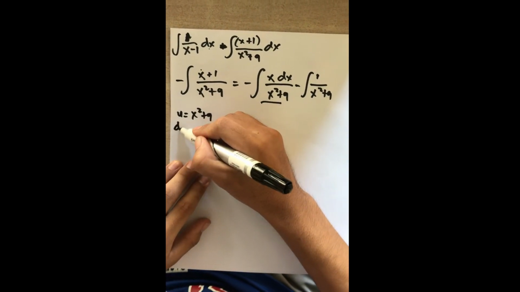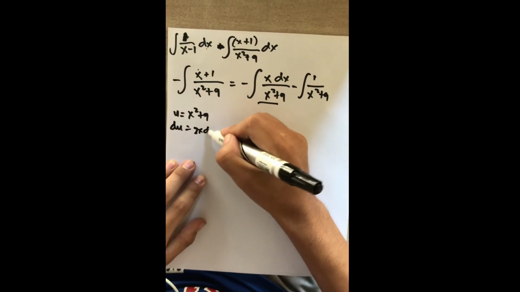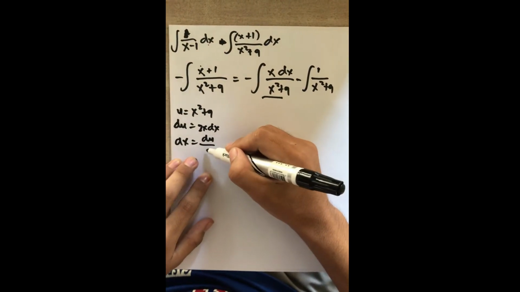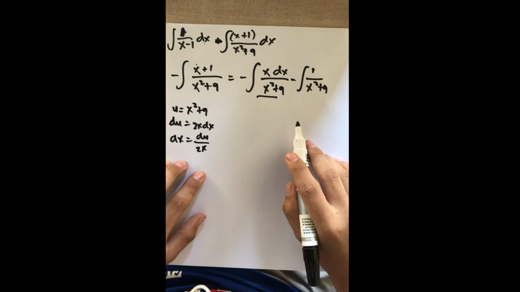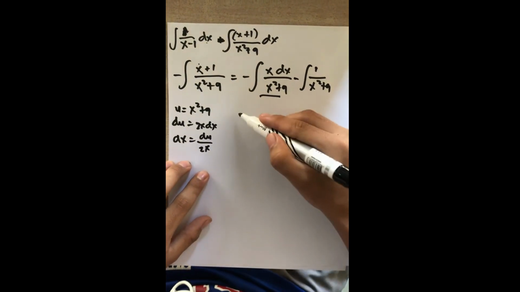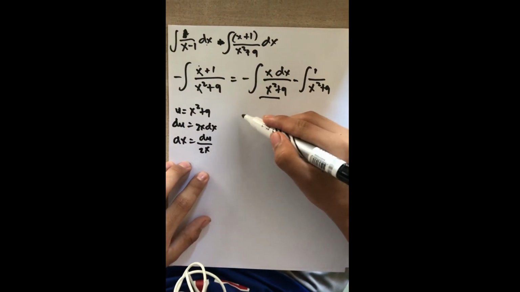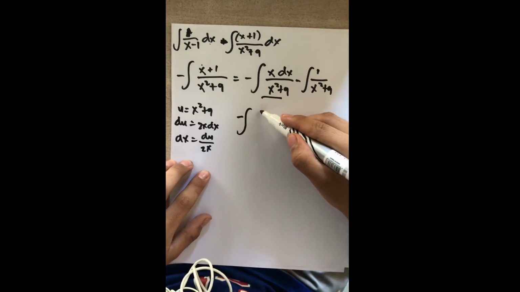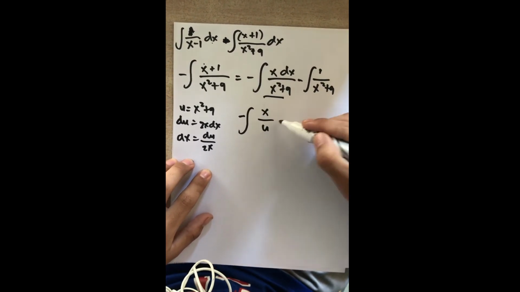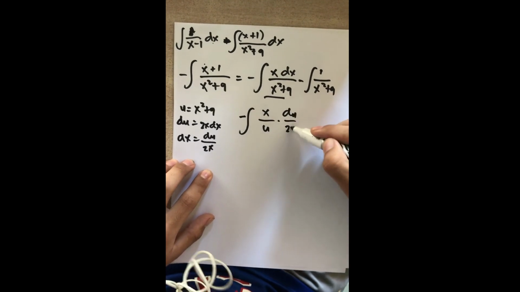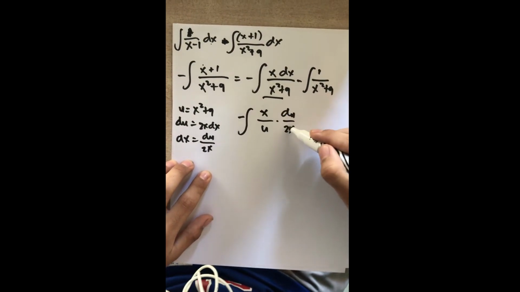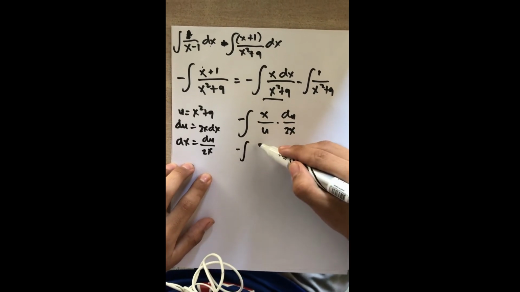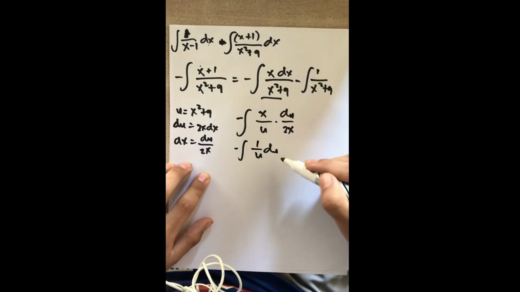So let us first integrate this equation. u is equal to x squared plus 9. du is equal to 2x dx. dx is equal to du over 2x. Therefore, negative integration of x over u times du over 2x. So cancel the x.